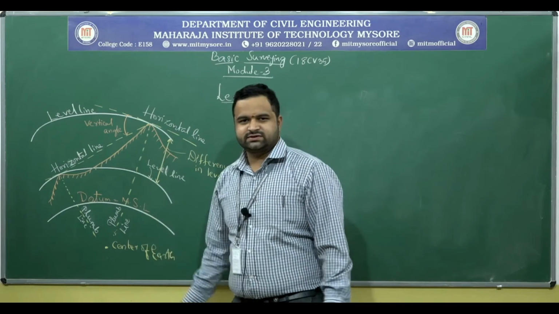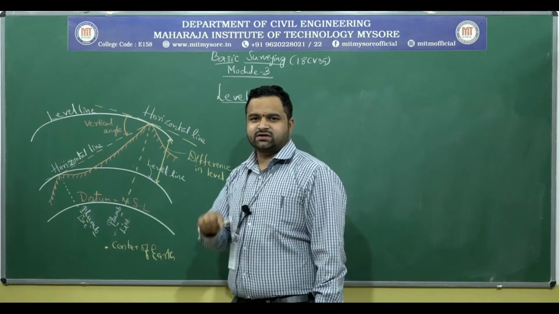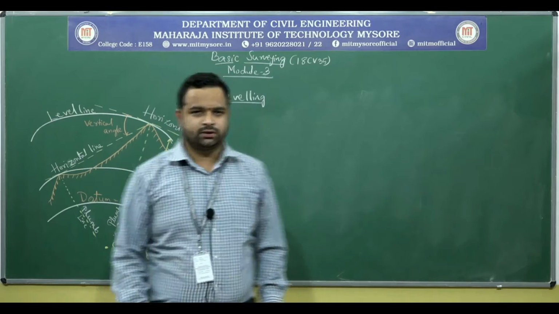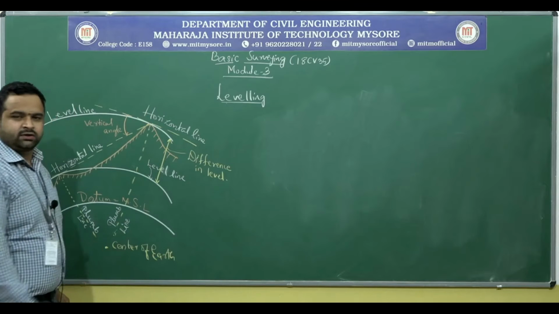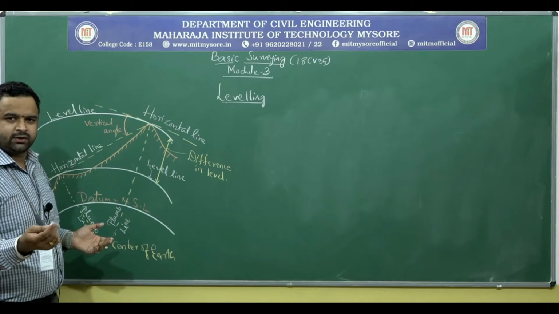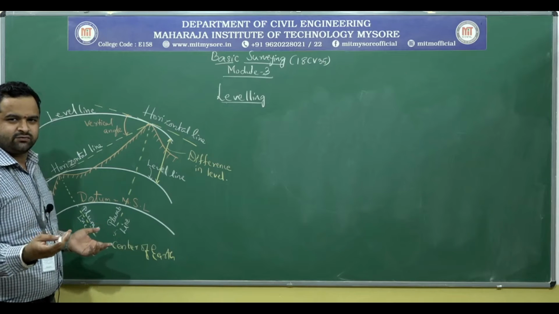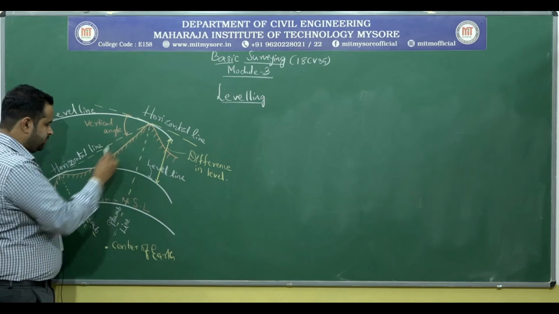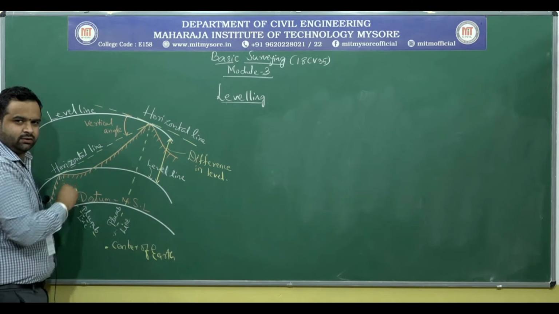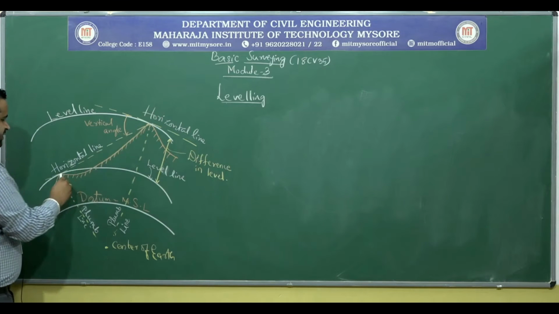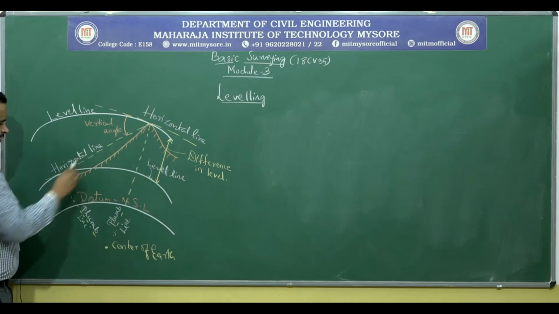As I said earlier, the earth's surface is not straight, it is spherical or curved, right. All the structures or the objects on earth will not be in the same position. There may be a hill as well as a valley, that is difference in height.